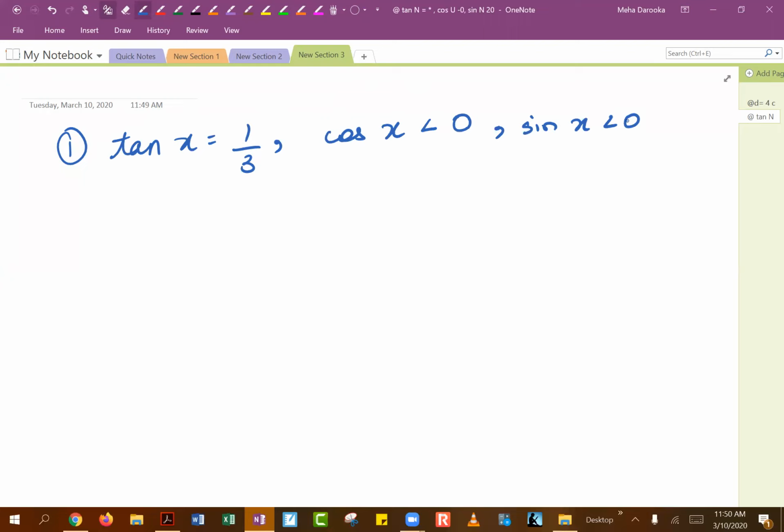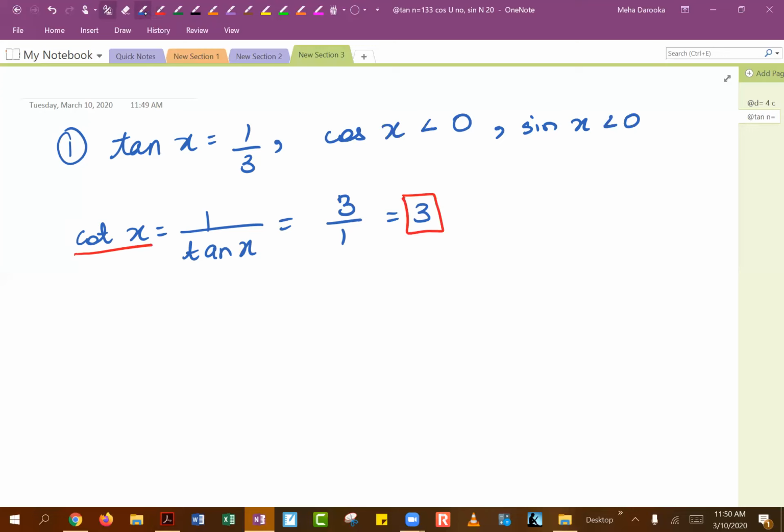Can you find secant? Cotangent, that would be my first thought. Yeah, it's cotangent, because what would cotangent be? There you go. Yeah, it's the reciprocal of the tangent function. So 1 over 1/3, which technically is just 3, right? All right, so we've got cotangent.